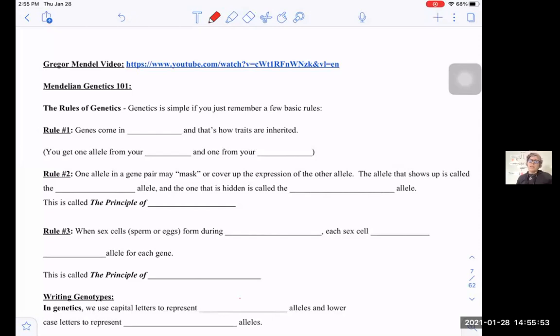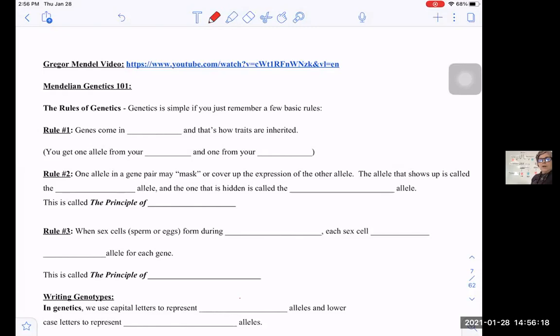And so even though he wasn't really working in a lab, he was working in a garden. He actually ended up being a monk, who was working in a garden and doing experiments on pea plants. And he kept documents of all of his pea plants, and this is how he discovered the stuff that we're going to be talking about today and tomorrow.